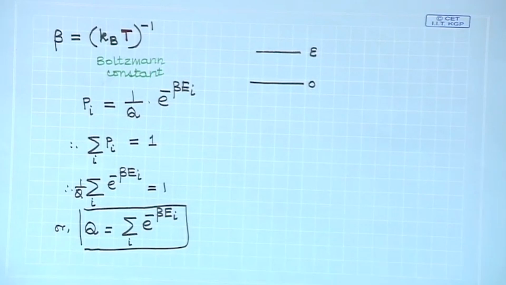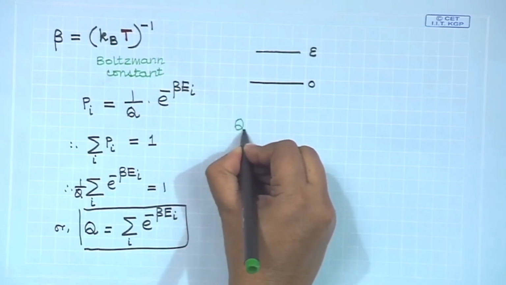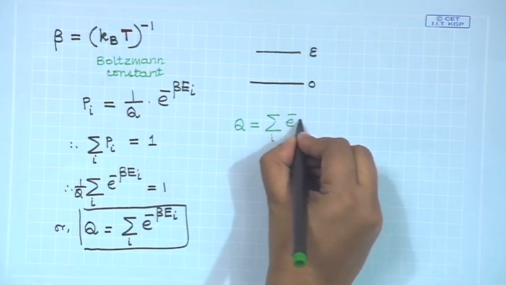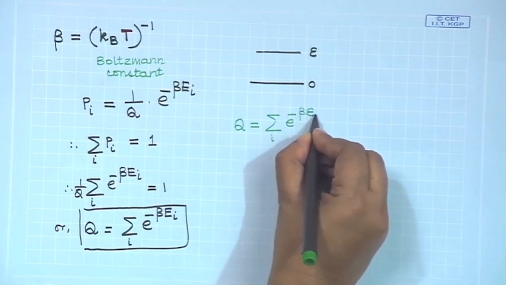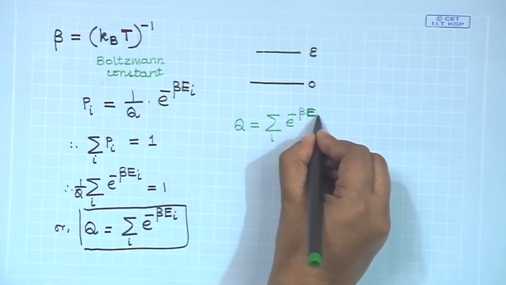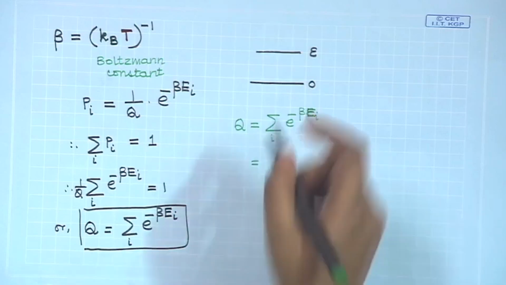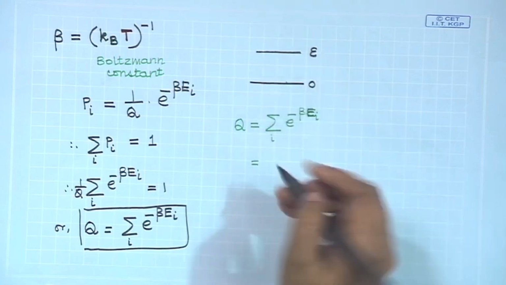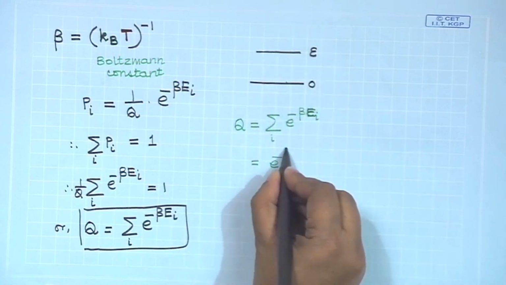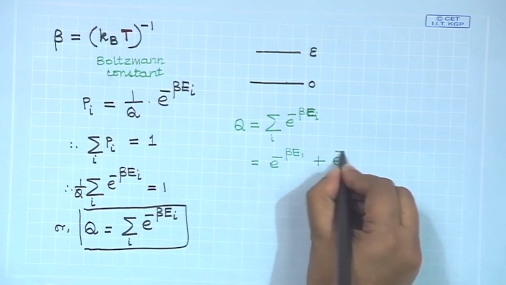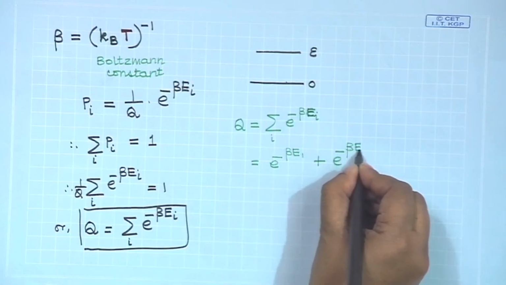In this case, do I know how to write down capital Q? Of course, I understand that capital Q is equal to the summation over i of e to the power of minus beta E_i. How many microstates are there? How many energy eigenstates are possible? 1, 2. Therefore, I would say that this can be written as e to the power of minus beta E_1 plus e to the power of minus beta E_2.